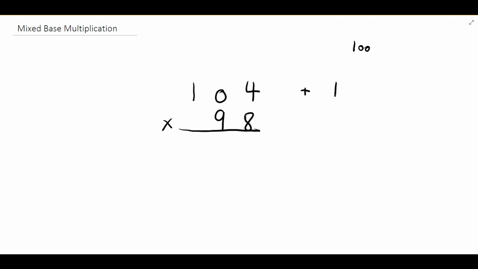So take two numbers, 104 and 98. Now, first we have to write by how much 104 exceeds our base of 100, which is of course 4.